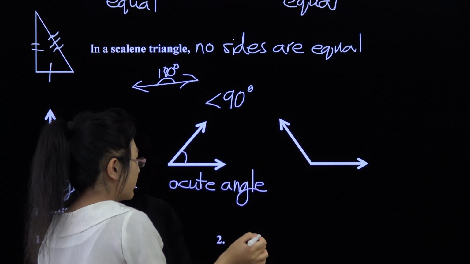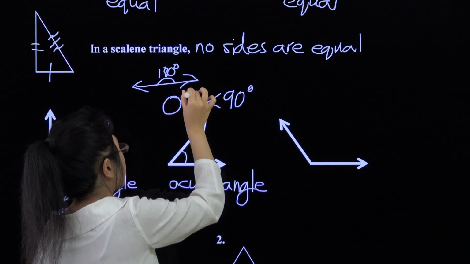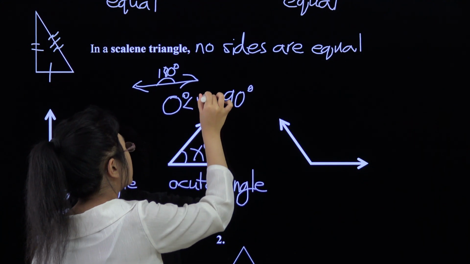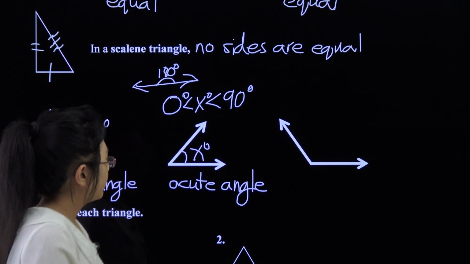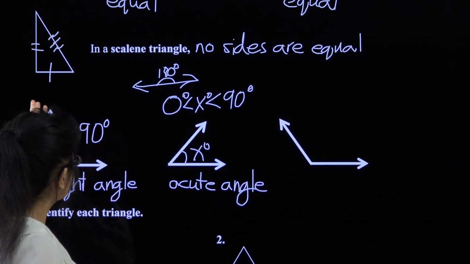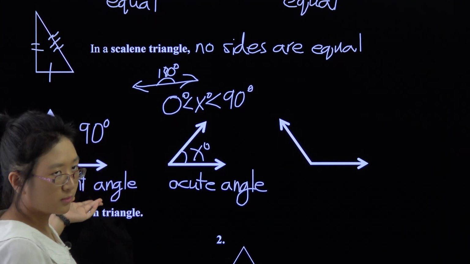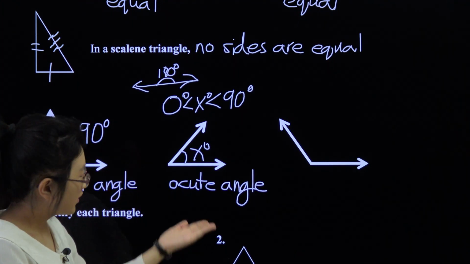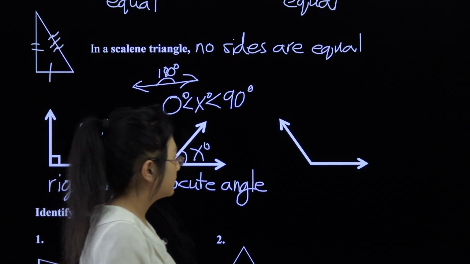So they're smaller than 90 degrees, but they're bigger than 0 degrees. Let's name this angle X. Yup. So this is how acute angles work. Anything that's smaller than a right angle and isn't just straight up 0 is an acute angle.